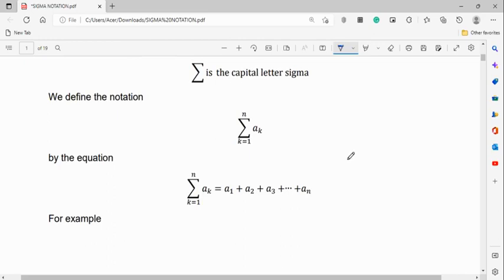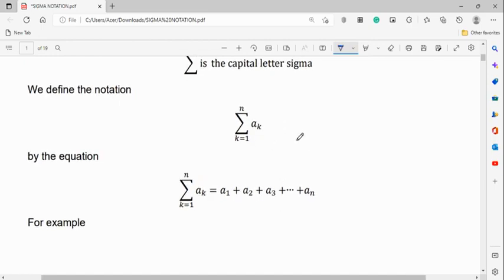We define the notation as a summation of A sub k. Okay, k here acts as the subscript from k, that is 1 up to n. So, ang ibig sabihin nito, subscripts indicate the order.